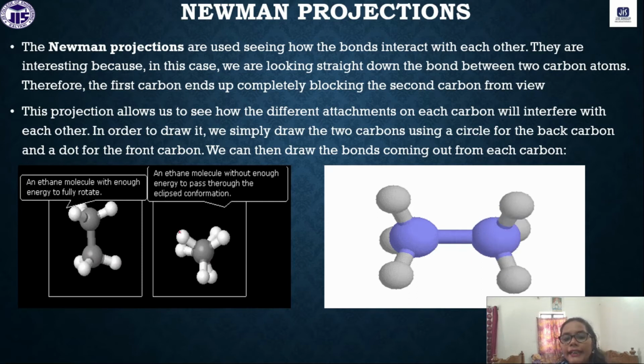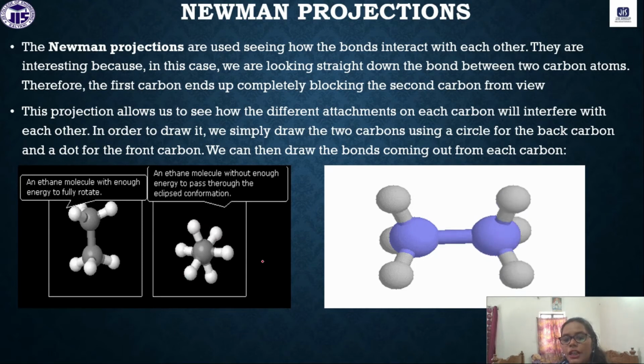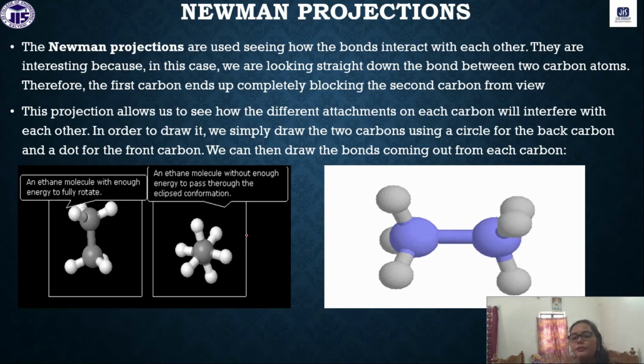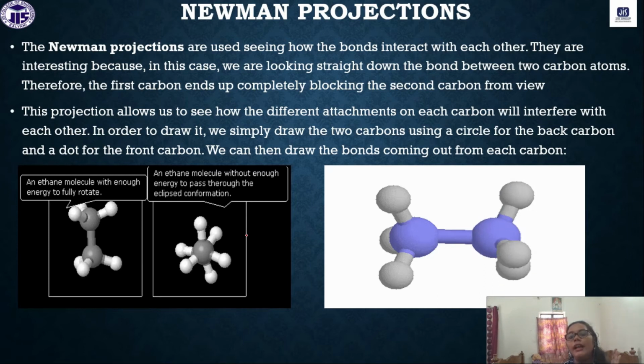You can see here, sometimes this is the staggered configuration, where all the groups are in opposite positions. Now this is eclipsed, the groups are eclipsed. If our molecule is represented by this type of presentation, that is called the Newman projection.